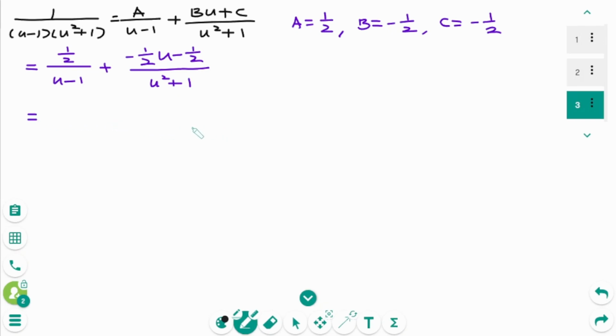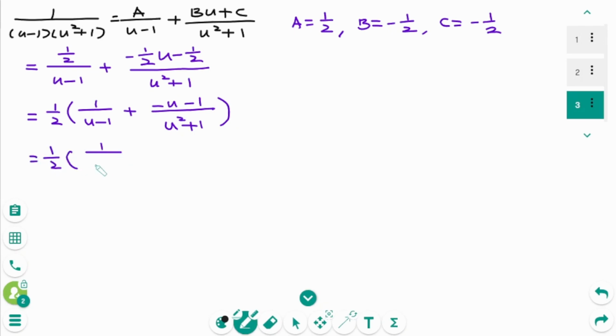Then take out 1 over 2 on each side: 1 over u minus 1 plus minus u minus 1 over u squared plus 1. Then we can rewrite as 1 over u minus 1, separate, minus u over u squared plus 1 minus 1 over u squared plus 1.